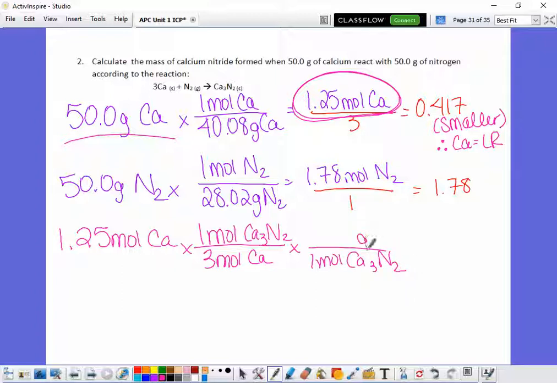So we're going to need the molar mass of Ca3N2. Anyone calculated that yet? Good, 148.26. And then the answer is 61.7.